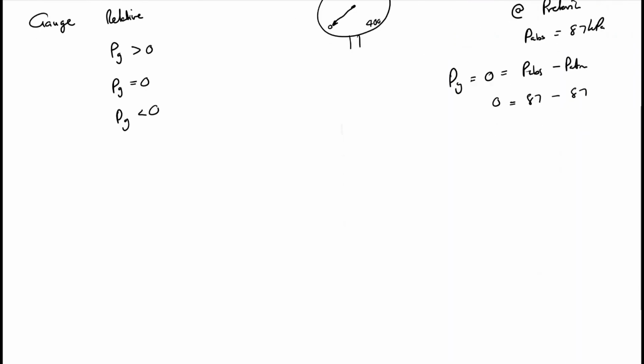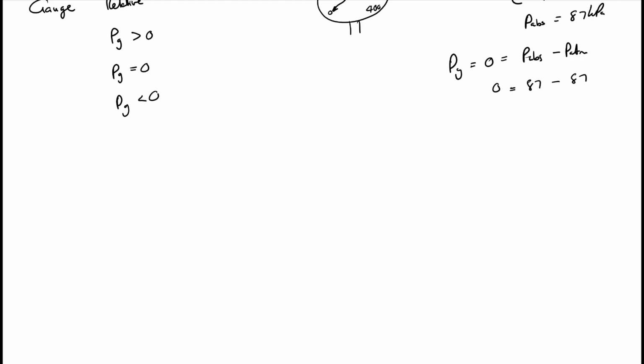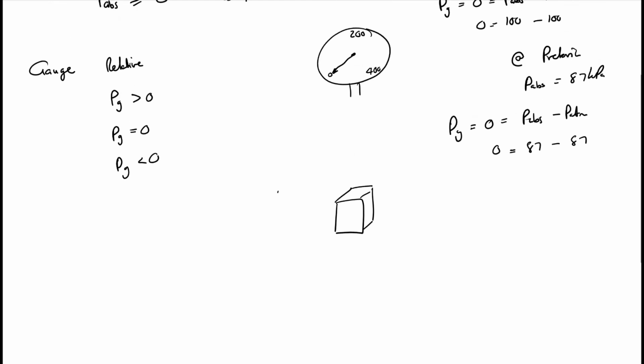Now let's discuss using absolute, gauge and atmospheric pressure in calculations. So there I have a container. This container is filled with a gas that I have just put in the container at the same conditions as the atmosphere. So outside we have the atmospheric pressure. Inside I have the atmospheric pressure. If I now put a pressure gauge on this, it will read 0.